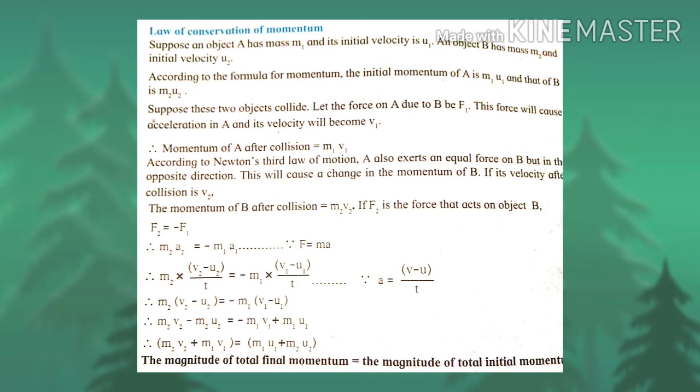That is, m2 (v2 minus u2) is equal to minus m1 (v1 minus u1). That is, m2 v2 minus m2 u2 is equal to minus m1 v1 plus m1 u1. That is, m2 v2 plus m1 v1 is equal to m1 u1 plus m2 u2. That is, total final momentum is equal to total initial momentum.